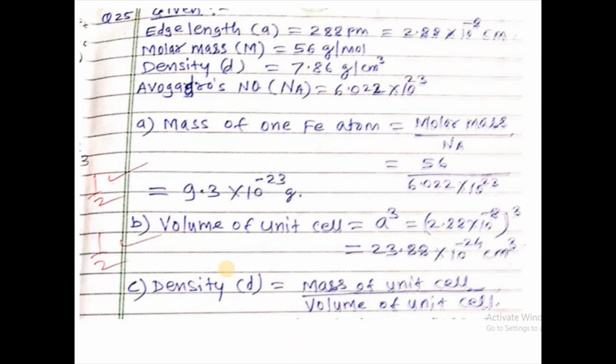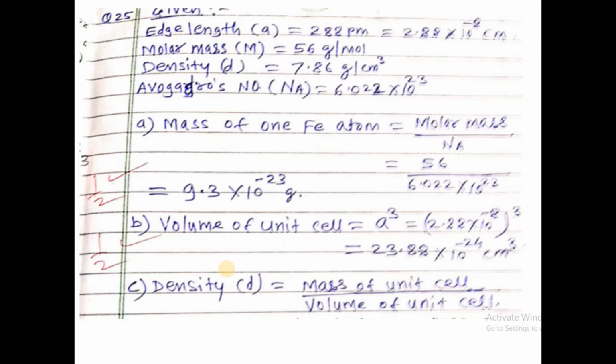You can use the formula like this and do the calculation. Mass of one Fe atom is equal to molar mass 56 upon Avogadro number 6.022 into 10 raised to 23, and we will get the answer 9.3 into 10 raised to minus 23 gram.